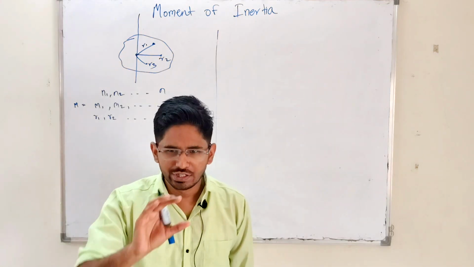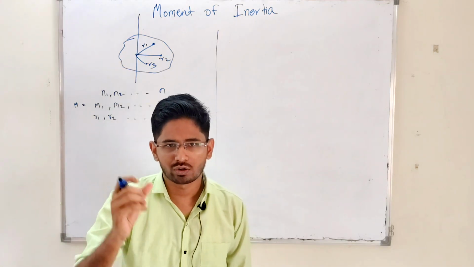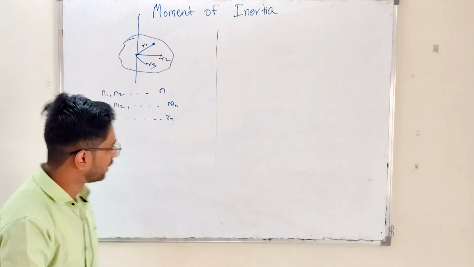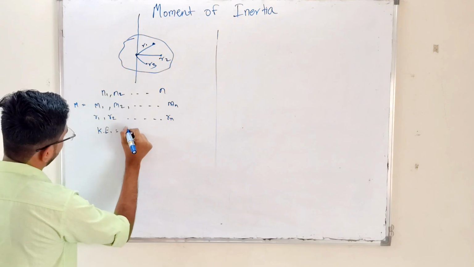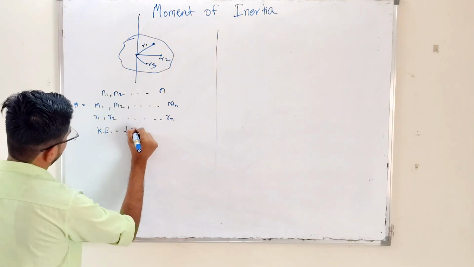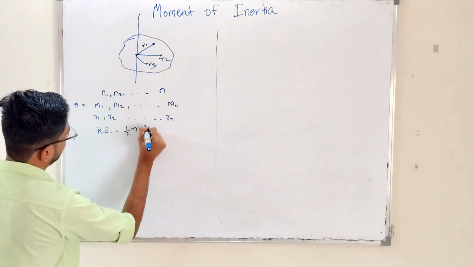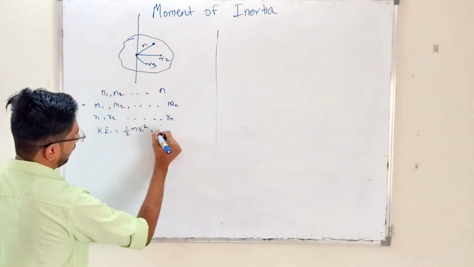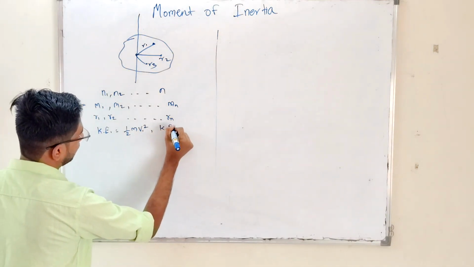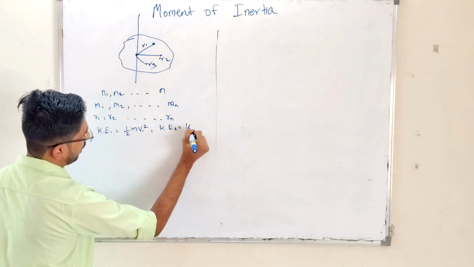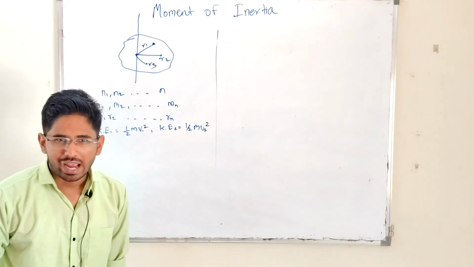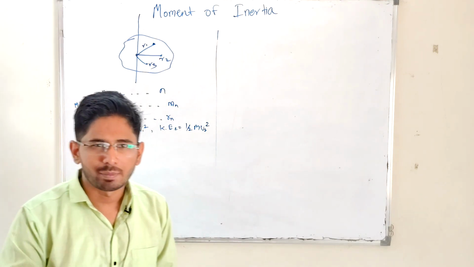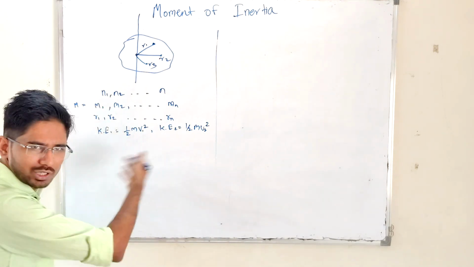Now we can individually give the kinetic energy to each and every particle. The kinetic energy of the first particle will be half m1 v1 square, and kinetic energy 2 will be half m2 v2 square, and the overall kinetic energy of all the particles will be the summation of these individual kinetic energies.